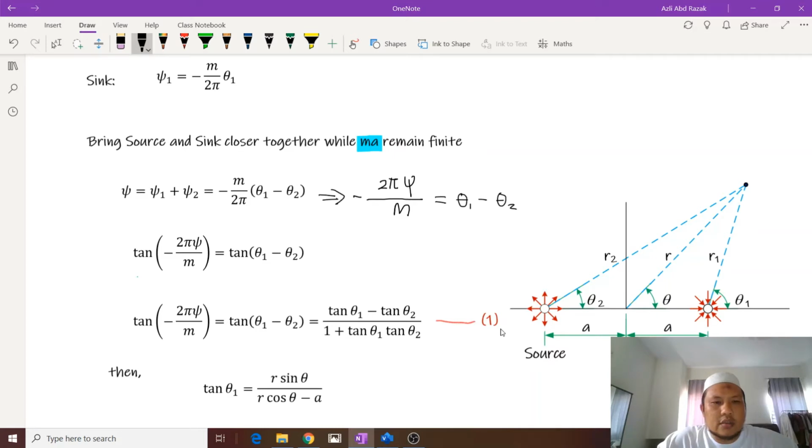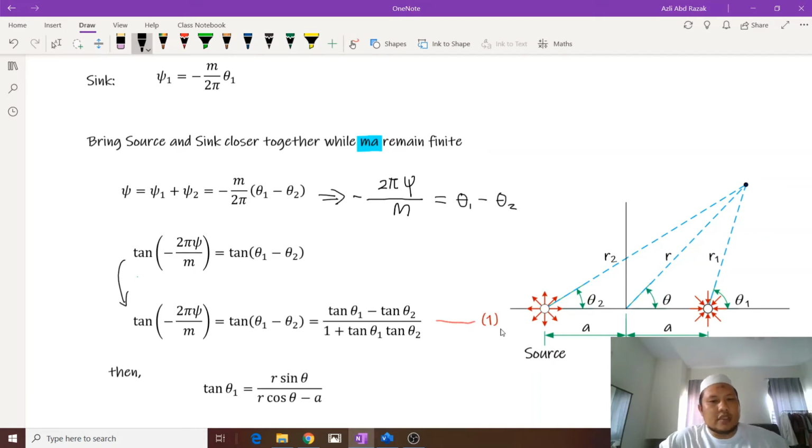From this, if we take the tangent of this part, the tangent of 2 pi psi divided by m, we also take the tangent of this angle. So we can write this equation in the form of this one.